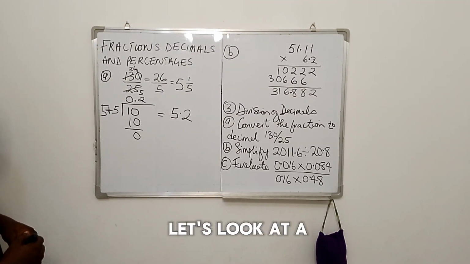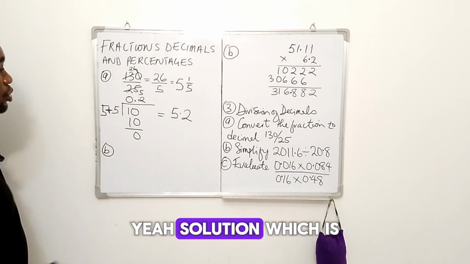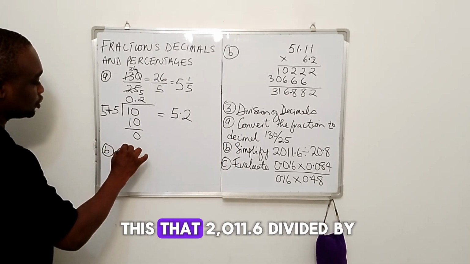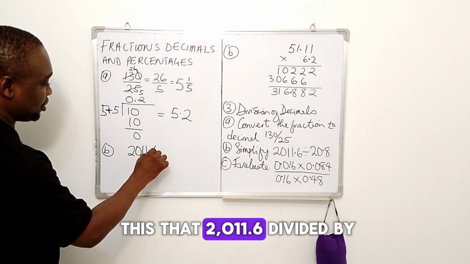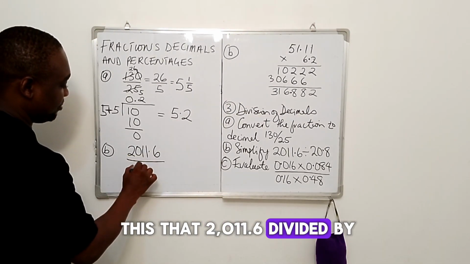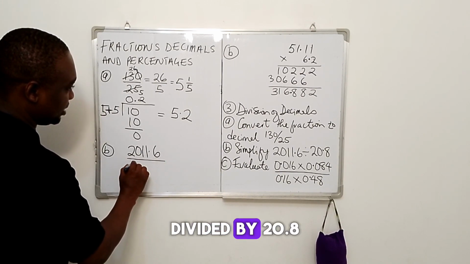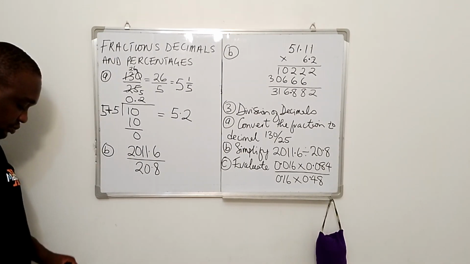So that is it. Let's look at a second solution, which is this: 2011.6 divided by 20.8.